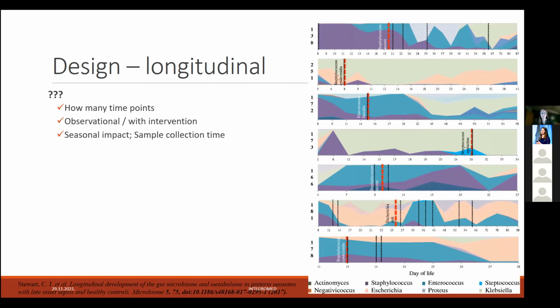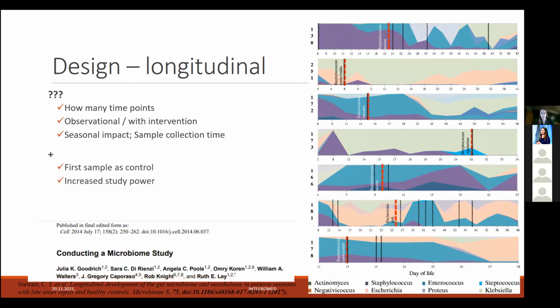Sample collection time: if we are talking about, for example, a 3 months long longitudinal study, then the seasonal impact wouldn't be so significant. But if we are talking about follow-up during a year or even more, then that should also be taken into account. Of course, there are many benefits to a longitudinal study.